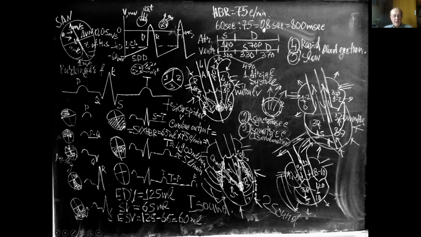And then starts the rapid depolarization. It depends on the permeation only of sodium ions, like in the nerve fibers, in the neurons, and the skeletal muscle fibers.